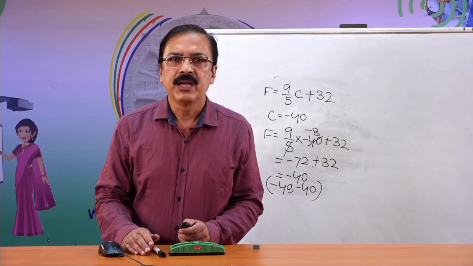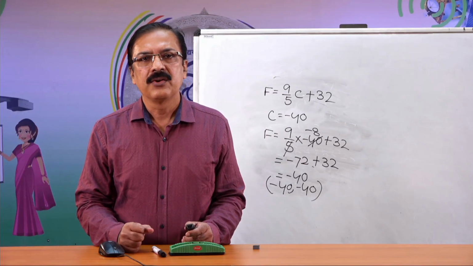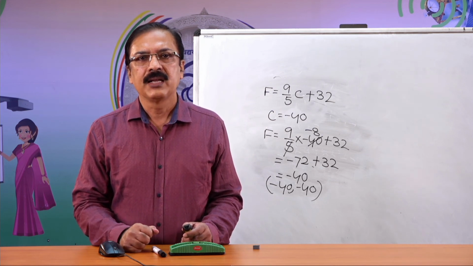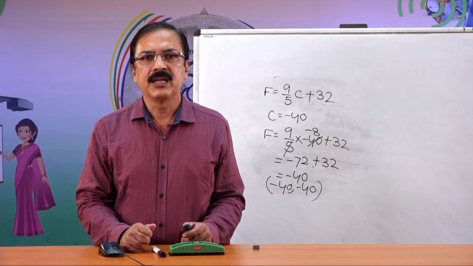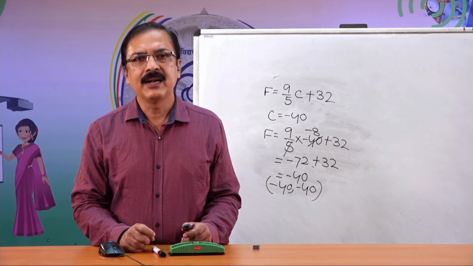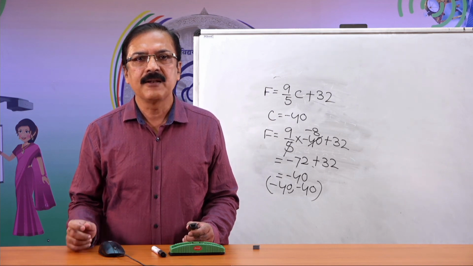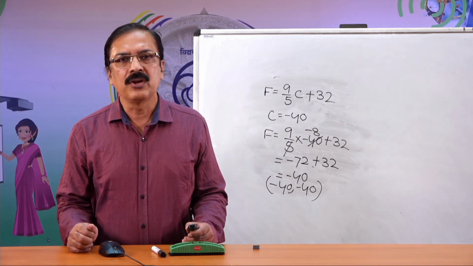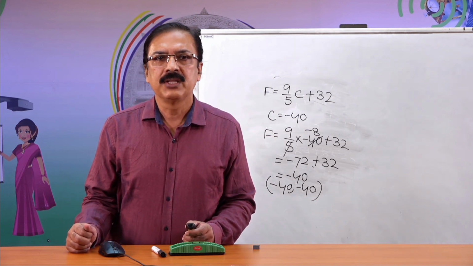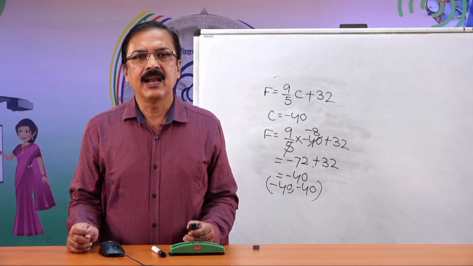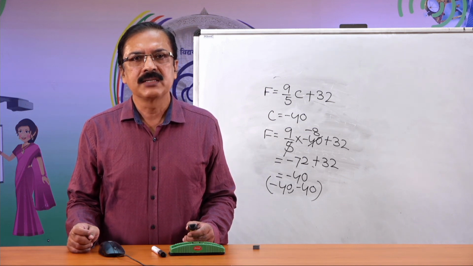So in this session we learned how to represent a linear equation in a graph. For that we have to find some solutions to the equation, plot the points on the graph paper and then join those points.